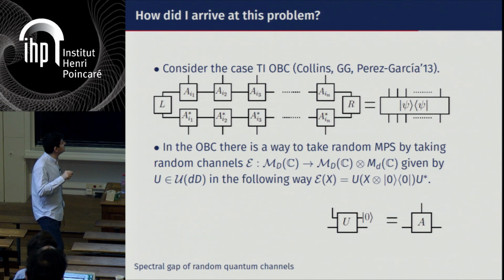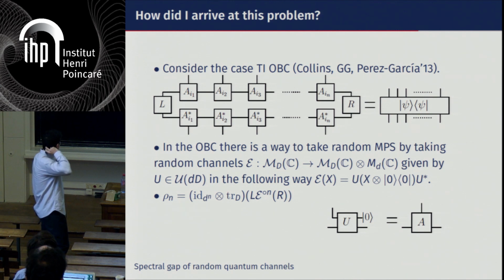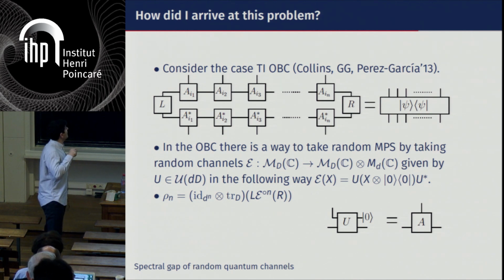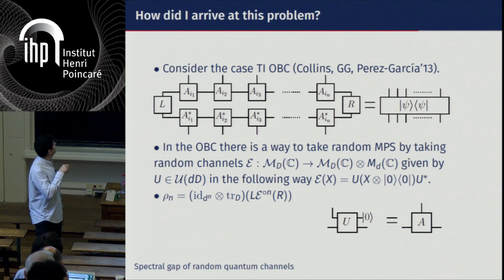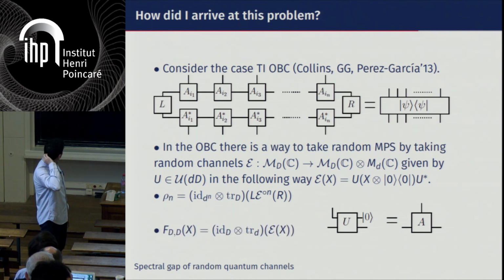Well, it's just writing in a pictorial way what we have in the equation. So okay, then rho_n is exactly applying n times the channel to the matrix R, then multiplying by the matrix L, tracing the bond dimension D, and we are left with the physical systems. And if we think of what we are doing, we have a channel whenever we trace.